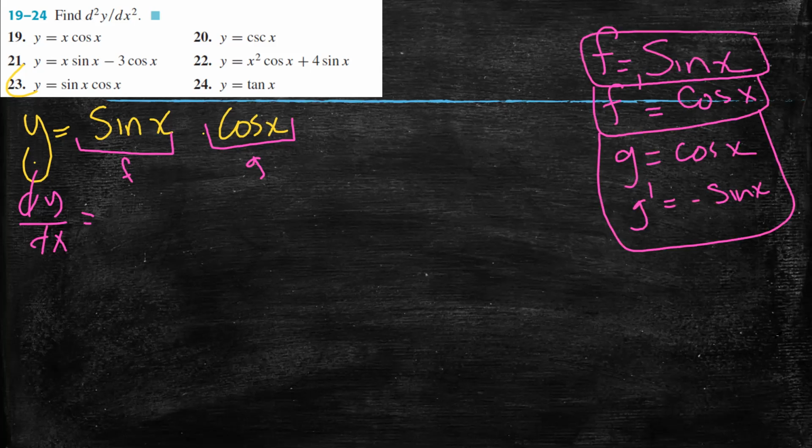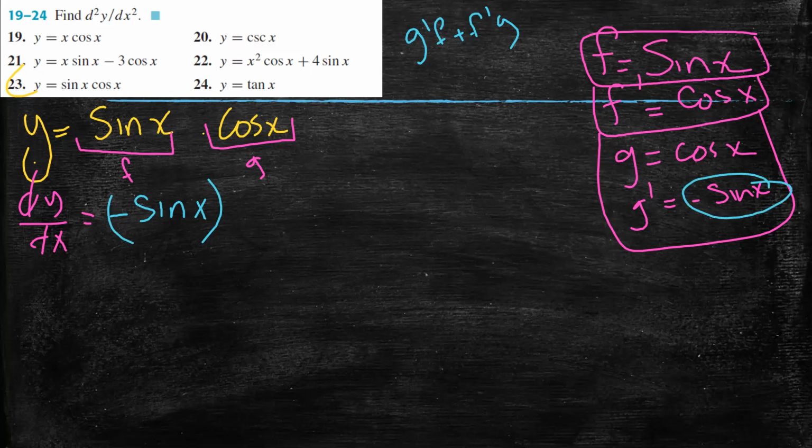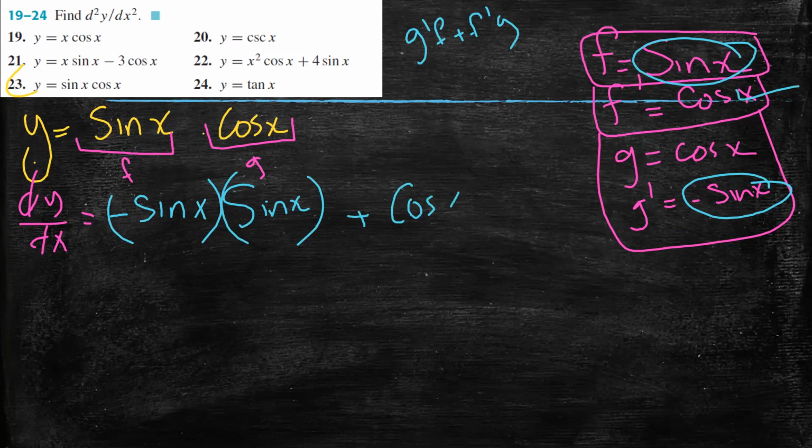As you know, the product rule here, since they are multiplied, it's g prime f plus f prime g. What is g prime? It is negative sine x times f. Where's f? It is sine x, plus f prime. Where's f prime? It's cosine x times g, it's cosine x.